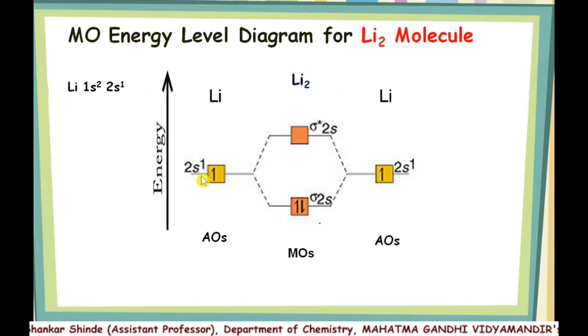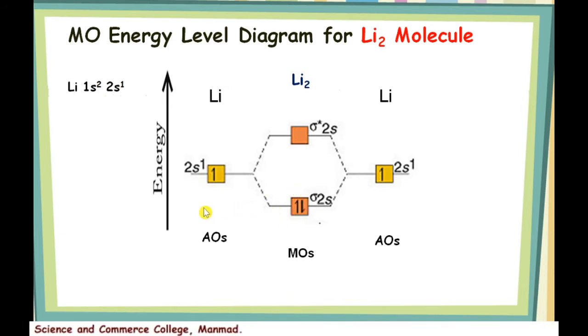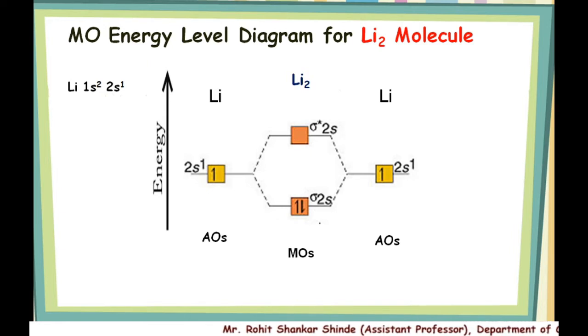The two electrons from both atomic orbitals enter the bonding molecular orbital sigma 2s. While writing the molecular orbital electronic configuration of the lithium molecule, the presence of non-bonding electrons is shown by the capital letter K, because these two electrons are present in the first shell, that is the K shell.